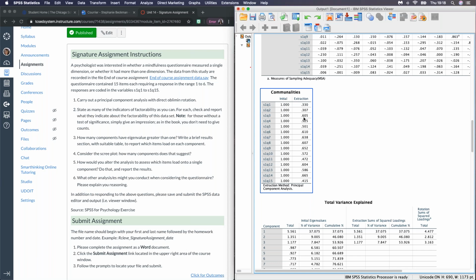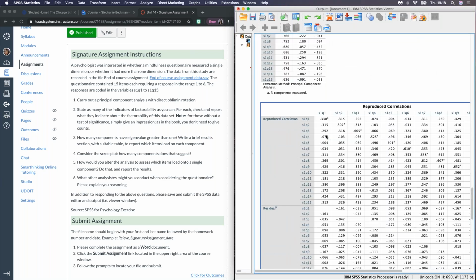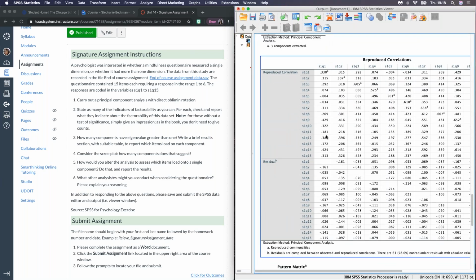Then the final one that I included comes from, let me find the right table so I know what it's called. This is the principal component analysis, reproduced correlations, residuals. So I'm looking down here at the residual part.